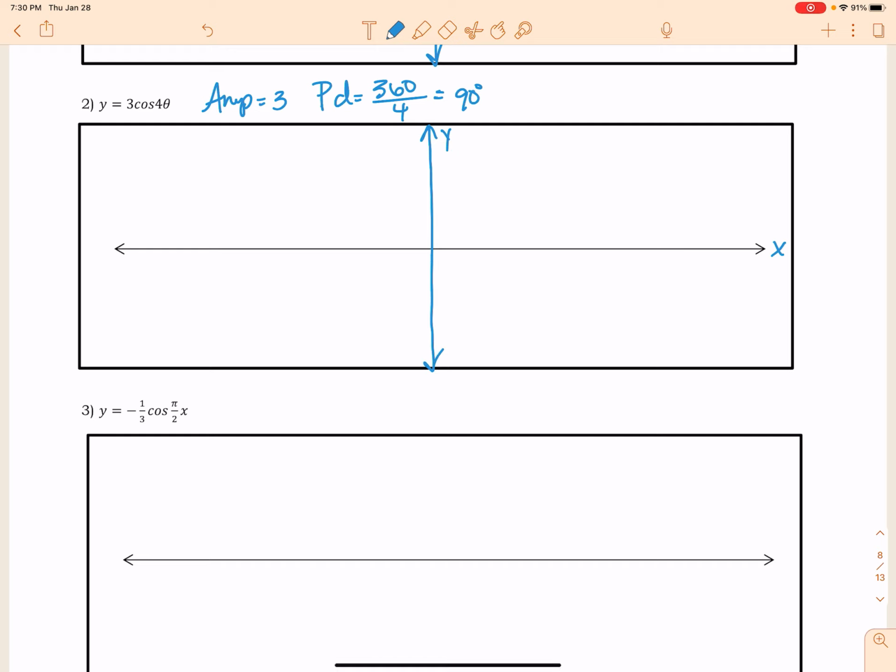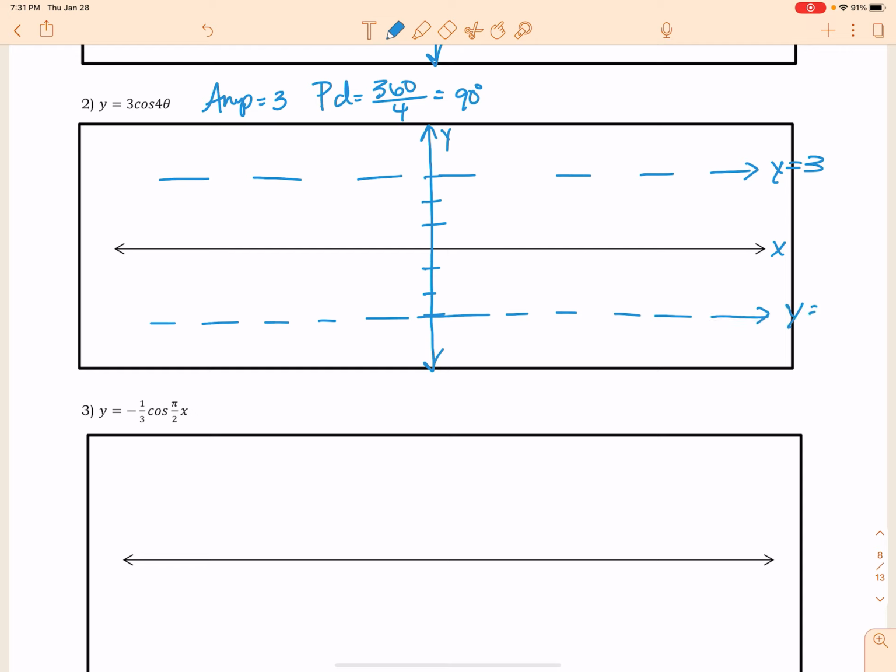So I've got my x and y axis labeled. My amplitude is 3, so 1, 2, 3. Again, just to help me guide my graph, y equals negative 3. The period, 1, 2, 3, 4, 1, 2, 3, 4, 90.